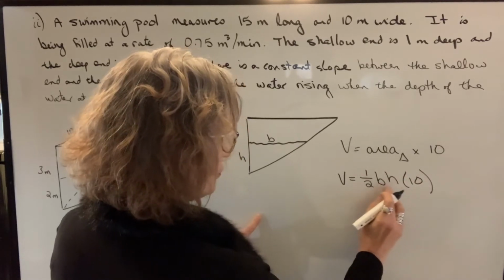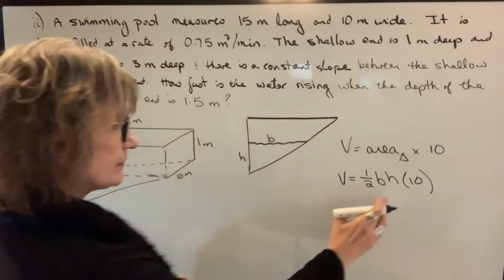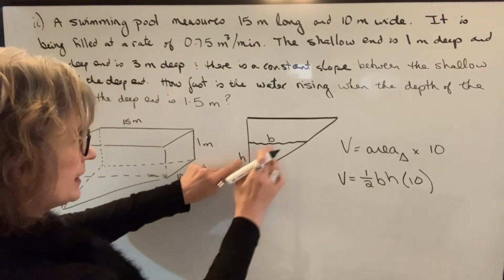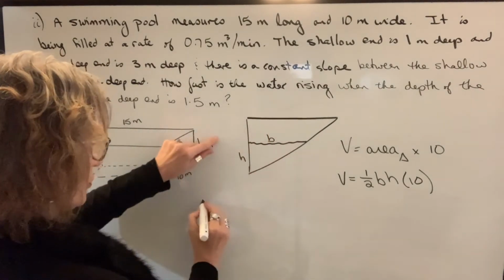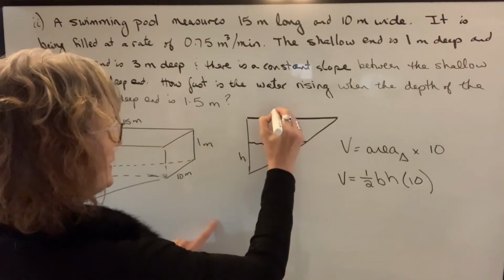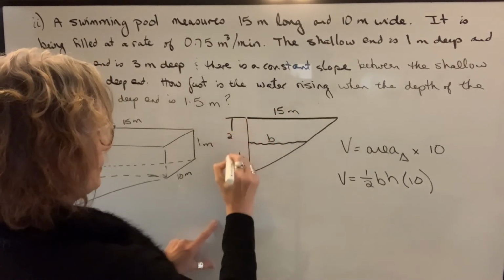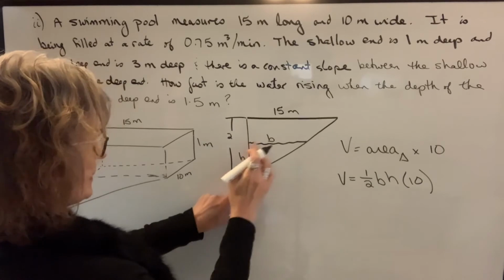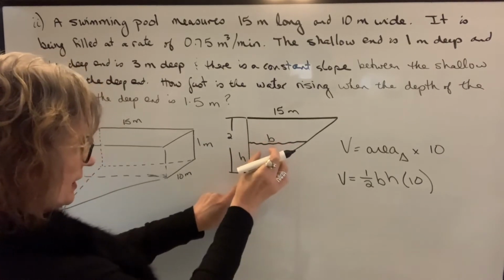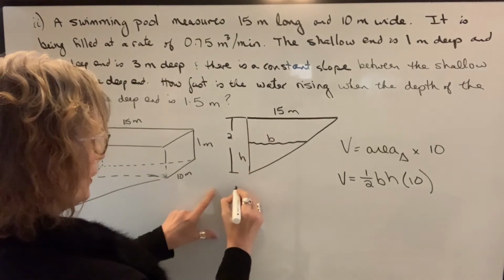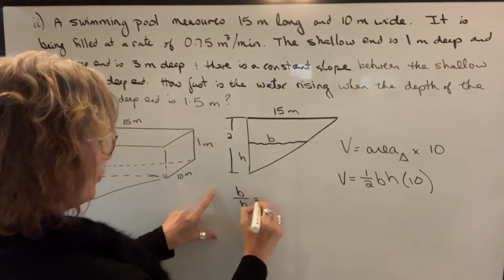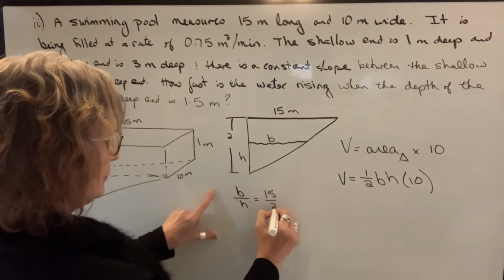So we've got our two unknowns. We want to get rid of the base, since we only want to know the rate of change of height. So we're going to use similar triangles again. We know that this length is 15 meters and this length is 2 meters. If we take a section of that triangle, it'll be a similar triangle. Therefore, B to H will be equal to 15 to 2.